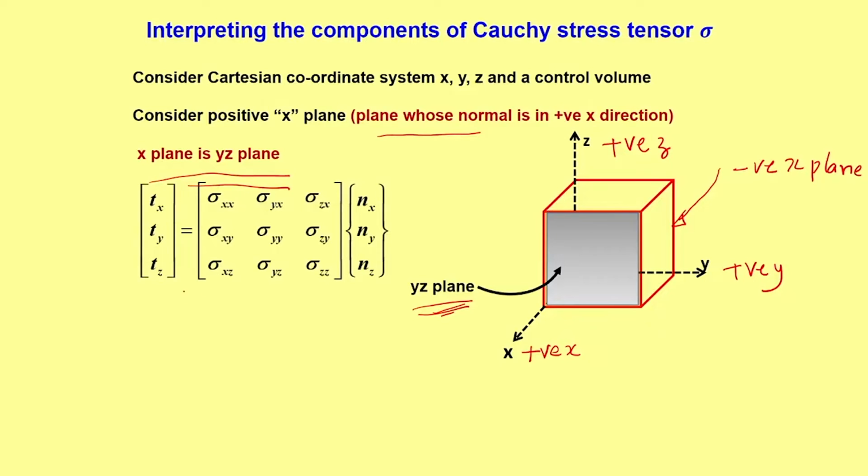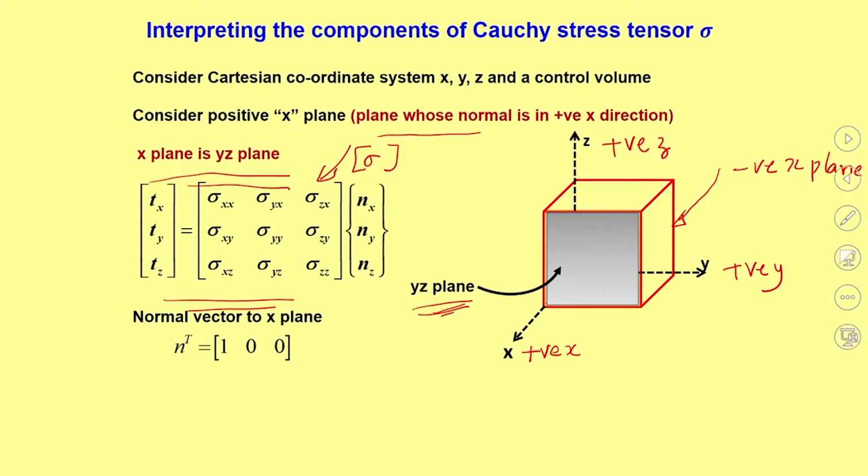Now, we will come back to Cauchy's formula and Cauchy's stress sigma. So, now normal vector to x plane is positive x direction. Please understand, the normal vector to x plane. So, this is the x plane, the normal is x.